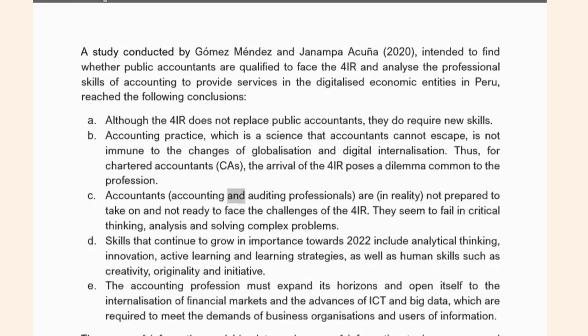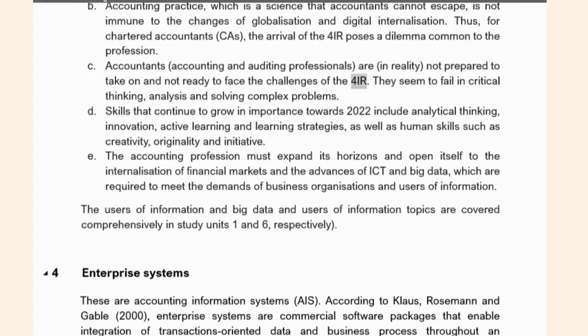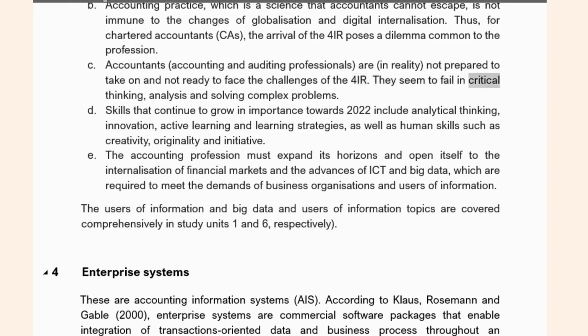Accountants, accounting and auditing professionals, are, in reality, not prepared to take on and not ready to face the challenges of the 4IR. They seem to fail in critical thinking, analysis, and solving complex problems. Skills that continue to grow in importance towards 2022 include analytical thinking, innovation, active learning and learning strategies, as well as human skills such as creativity, originality, and initiative.